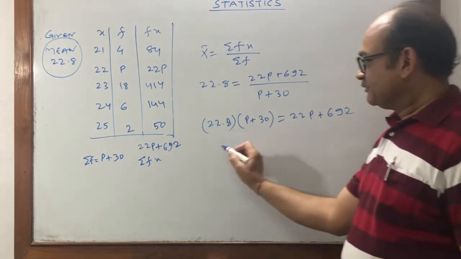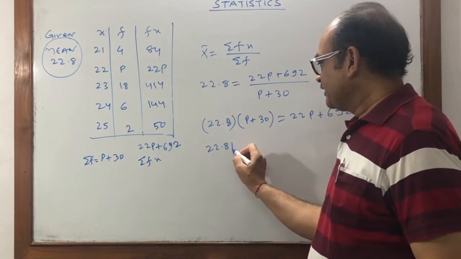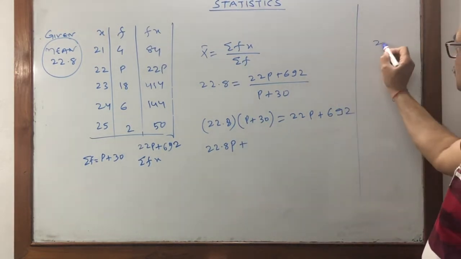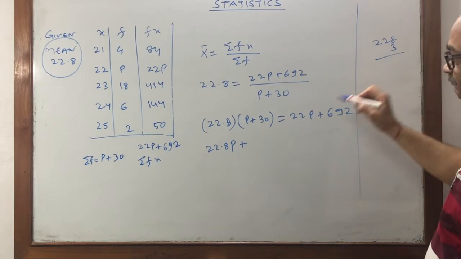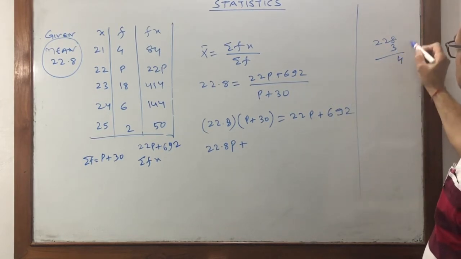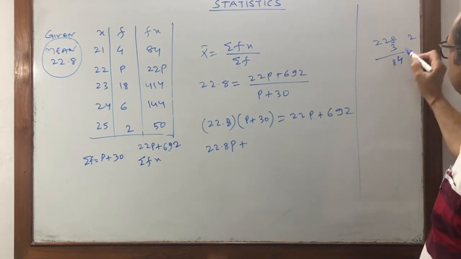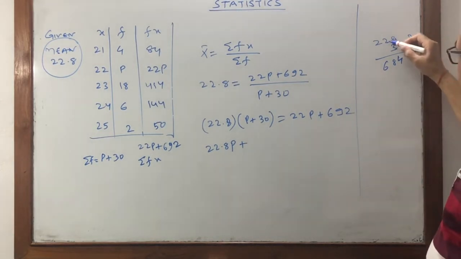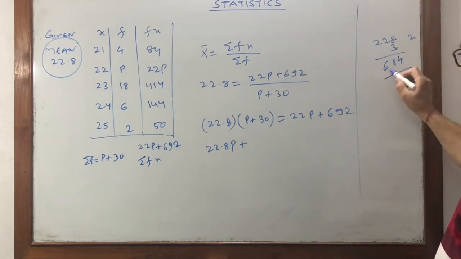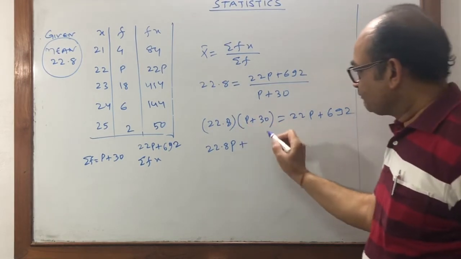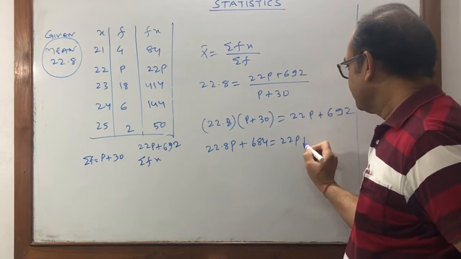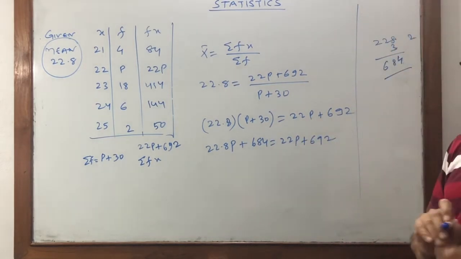If we expand it, what are we getting? 22.8p plus 30, so use rough column. 228 into 3, check it again. Correct? 684. So here we write 684 equals 22p plus 692.